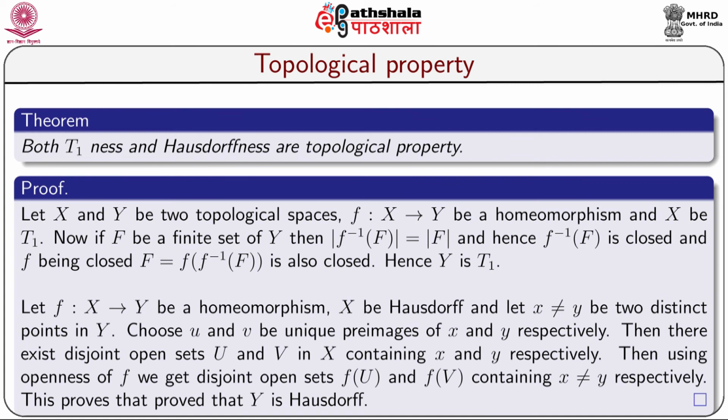Now, since F is a bijective mapping, F of U and F of V are also disjoint. Again, as F is open, F of U and F of V both are open sets. Now, these open sets contain x and y respectively, hence Y is Hausdorff.